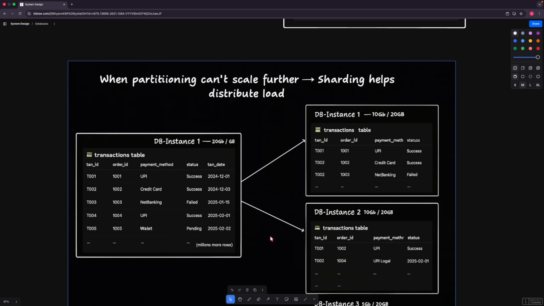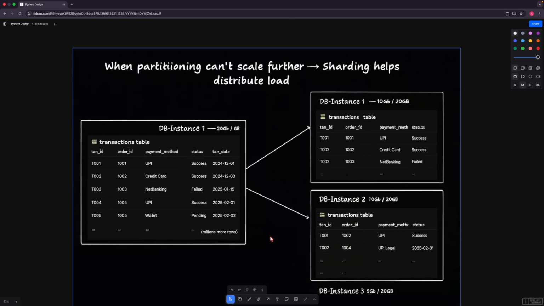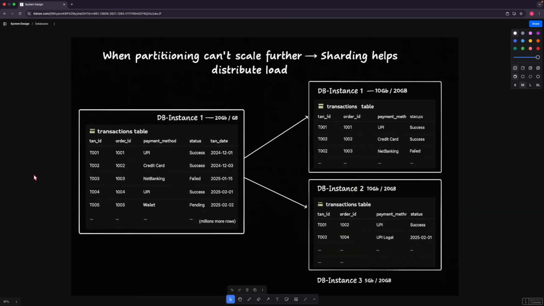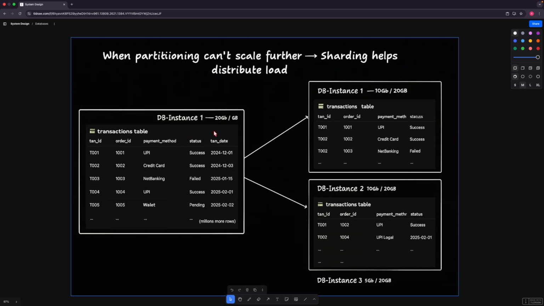So these changes have to be done, and sharding is considered the last option, because when we cannot scale the single instance vertically any further, then we definitely need to shard the existing database.